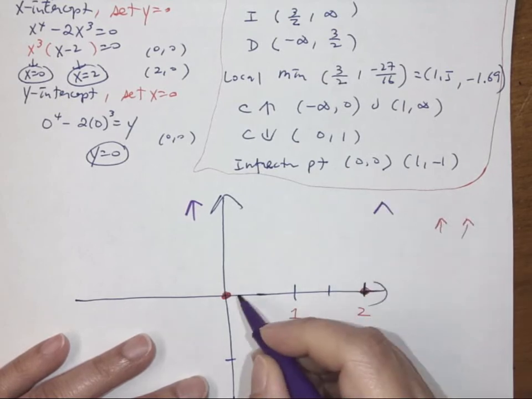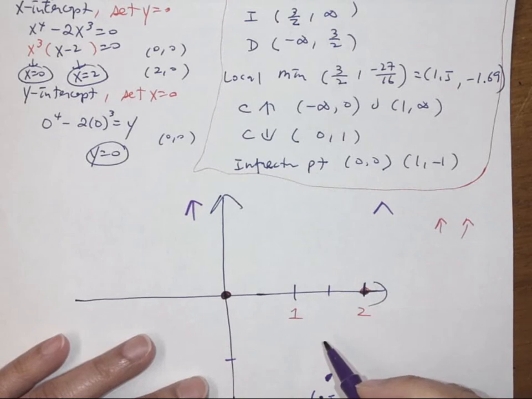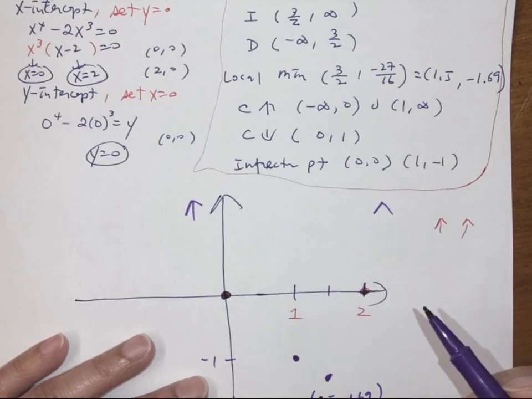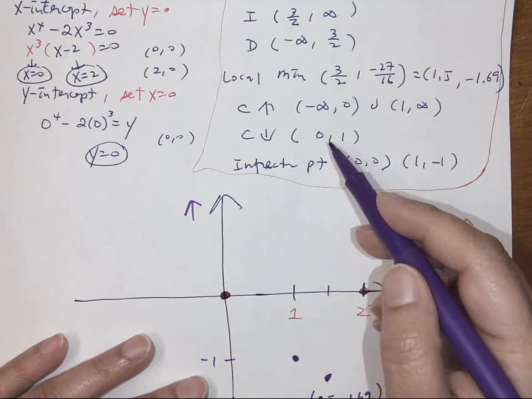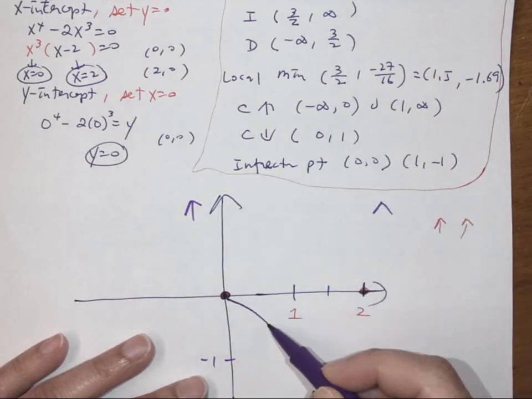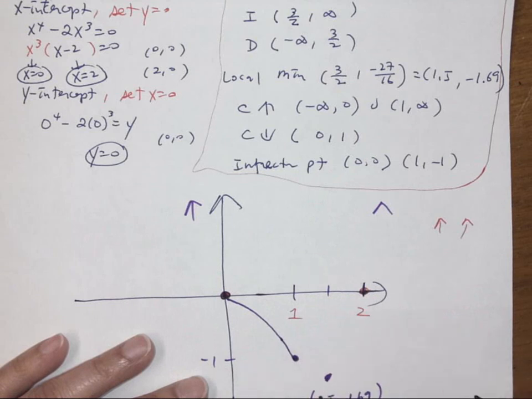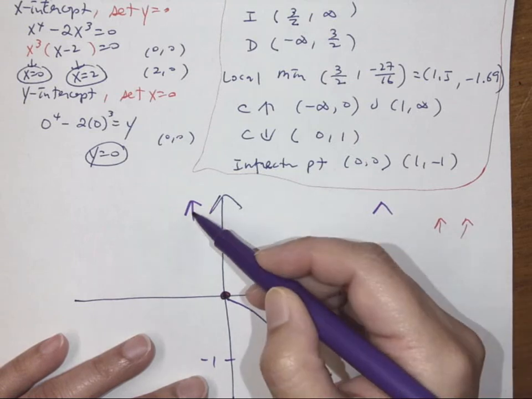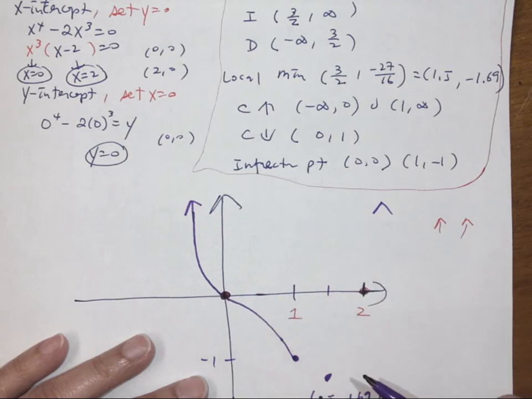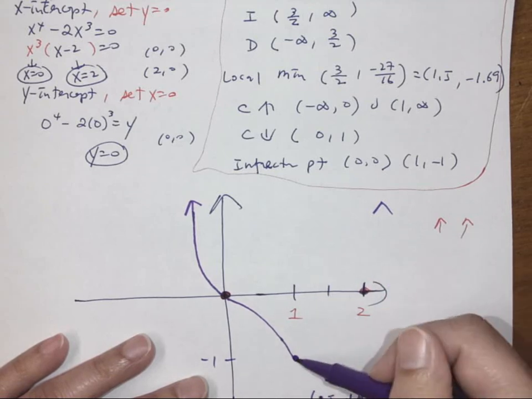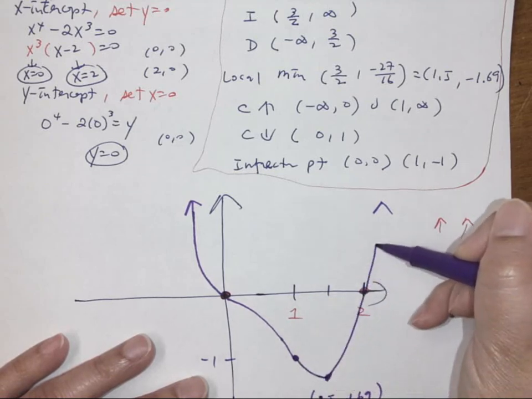And I have an inflection point at 0, 0 and 1, negative 1. So it changed concavity here, and concave down from 0 to 1, and negative infinity to 0 is concave up, and then from 1 to infinity is concave up. So it changes to be up again like that.